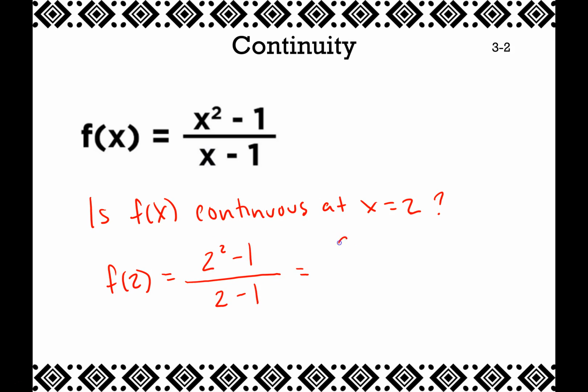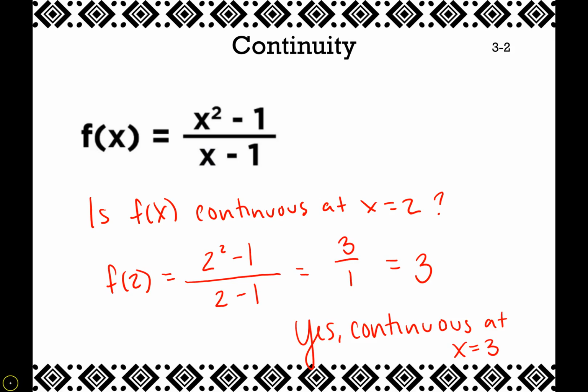Well, that's 4 minus 1 is 3 over 1 equals 3. So that value does exist, and if we were to look at the graph, you would see that there is a limit. But for the most part, when you plug straight in and you get a value, you would say, yes, this is continuous.